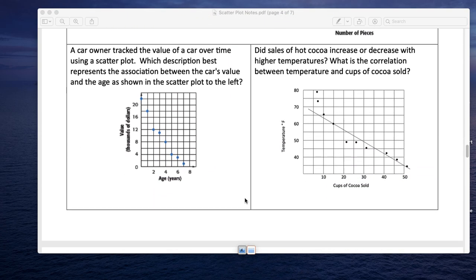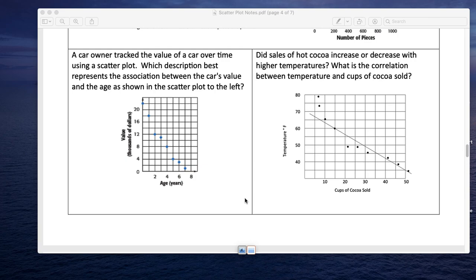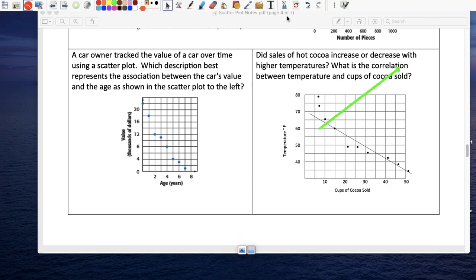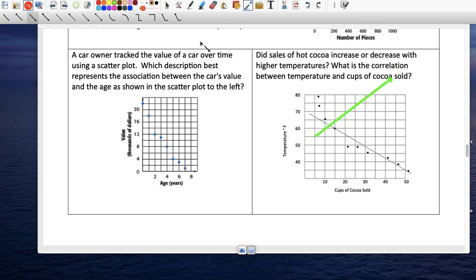A car owner tracked the value of a car over time. Which description best represents the association between the car value and the age? So as your car ages, your value decreases. Right? And I guess we're talking about just your everyday car, not a collector's item, just a regular car that you take every day to work.